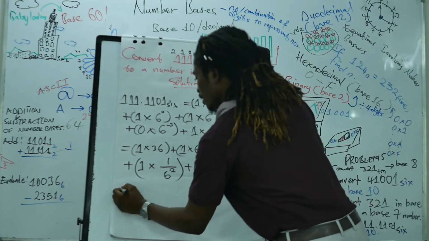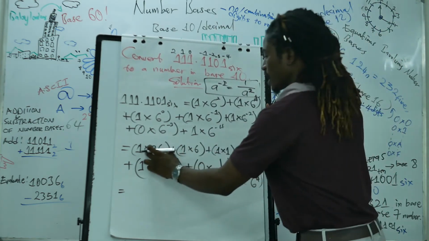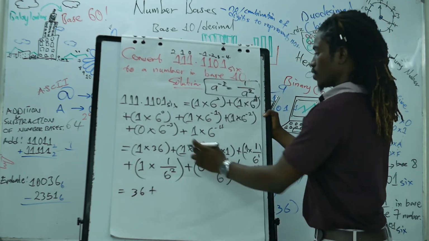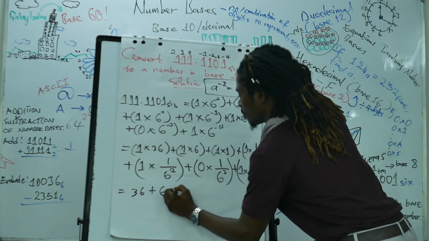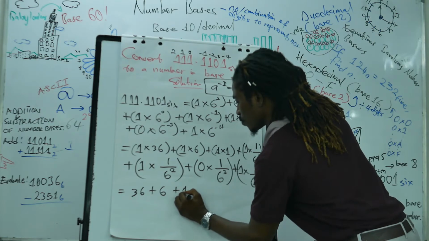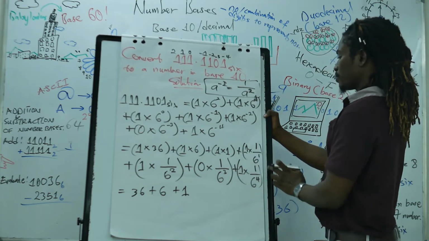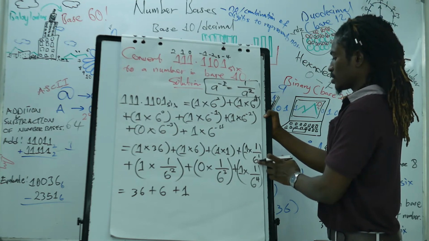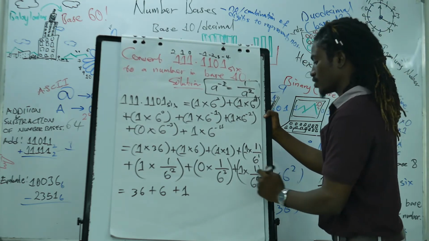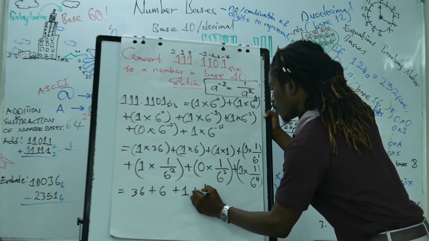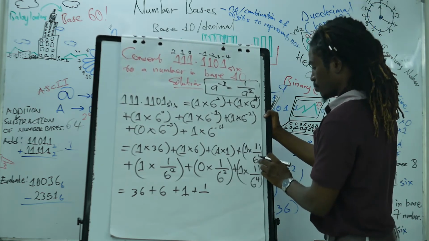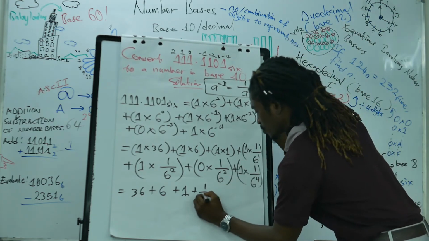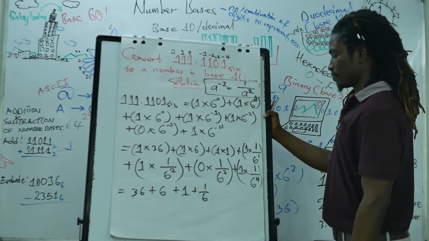Now, let's move on to the next step. 1 times 36 is 36. Plus 1 times 6 is 6, plus 1 times 1 is 1, plus 1 times 1 over 6 raised to the power 1, which is 1 over 6.